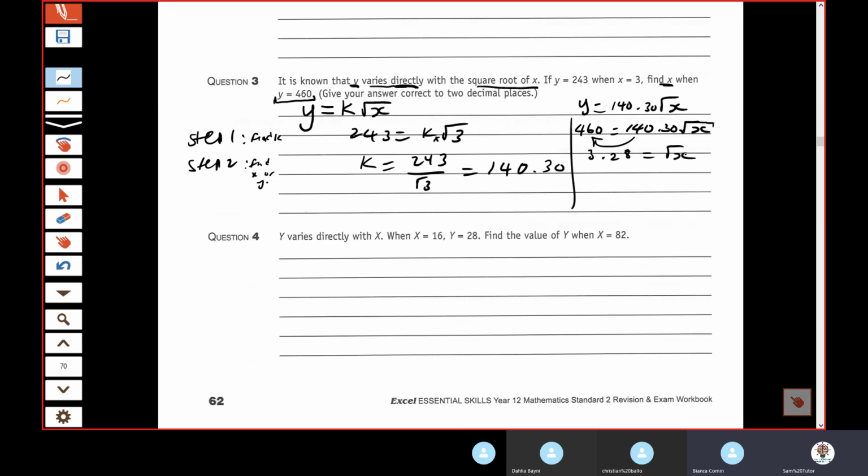And then what do we do to both sides to get rid of the square root? So how do I get rid of the square root now? You square it, and then square the other side, and x should equal 10.75.